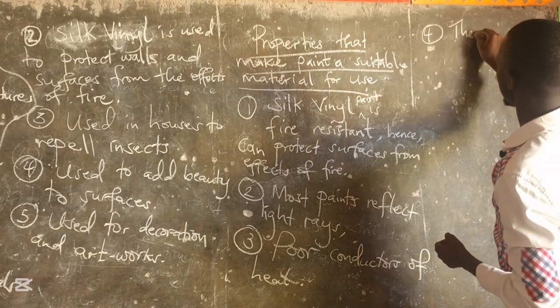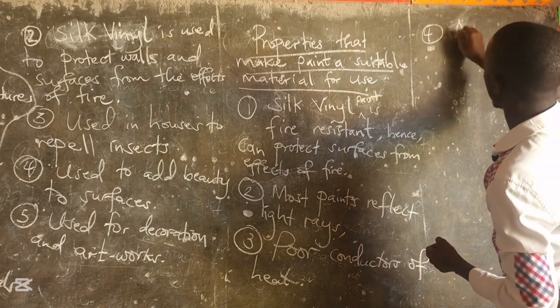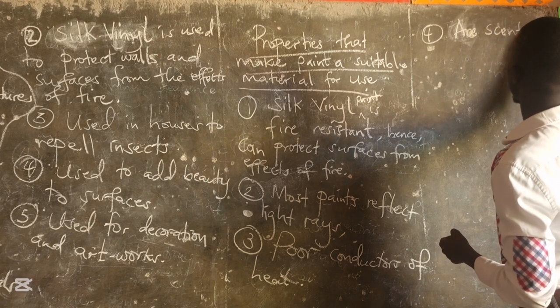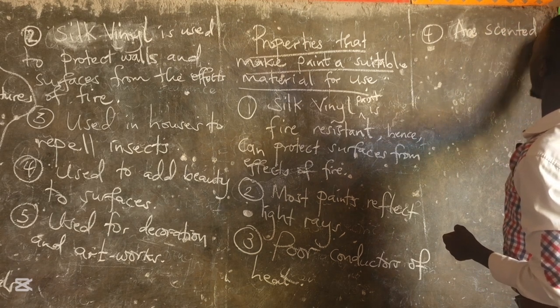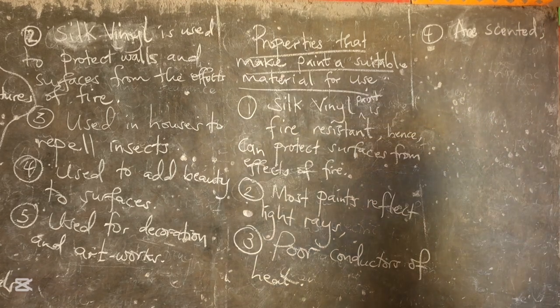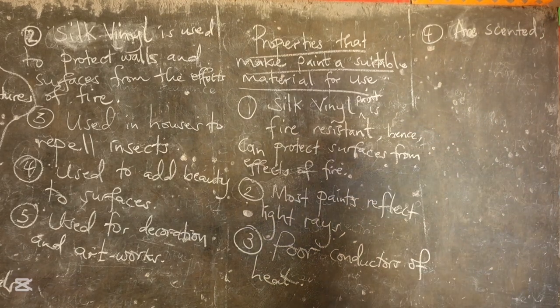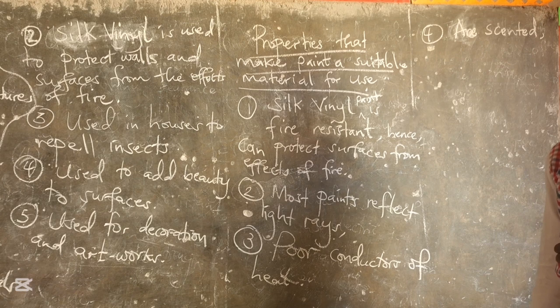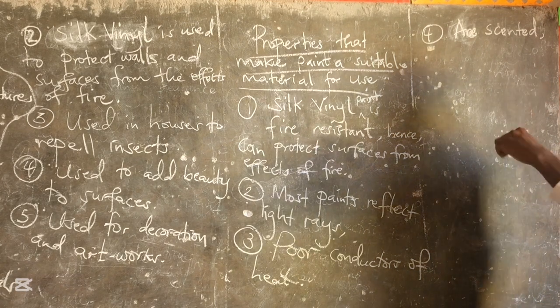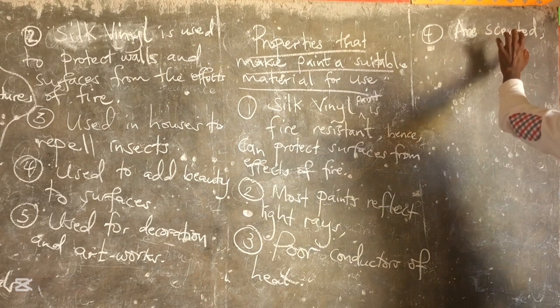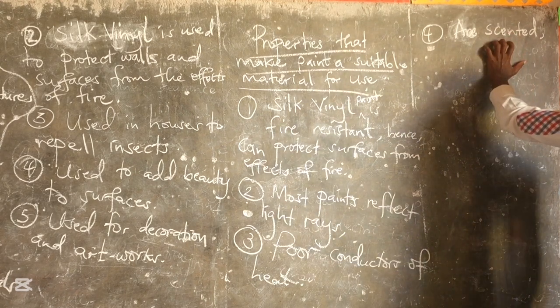The paints are scented. They have a certain aroma they give out that is usually not friendly to the insects. And it is this scent that repels the insects away. So this is an advantageous property.